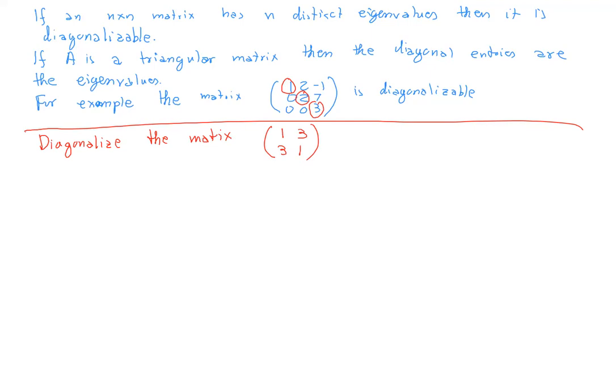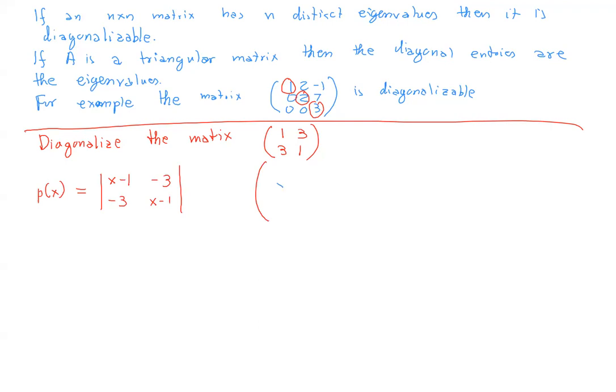So the first step always is to find the characteristic polynomial. What is the characteristic polynomial? The characteristic polynomial is going to be the determinant of x times the identity matrix minus our matrix. Let me make this as clear as possible.